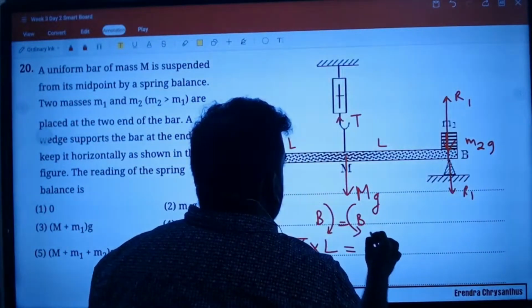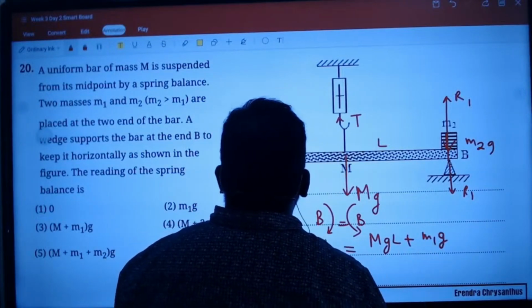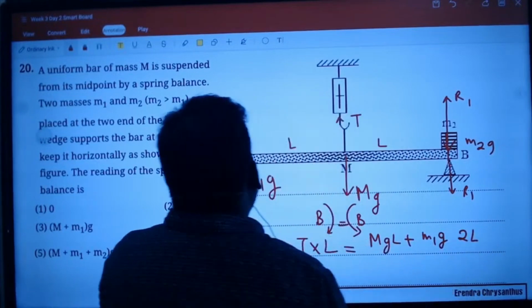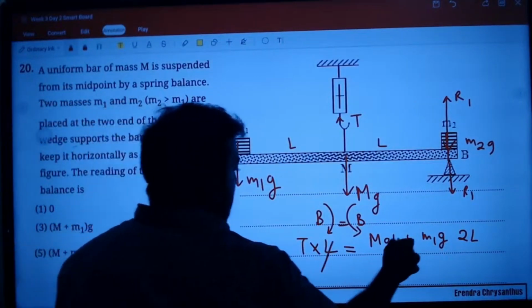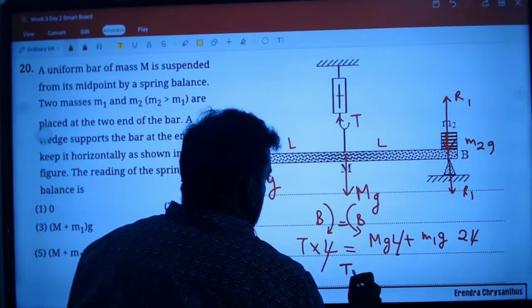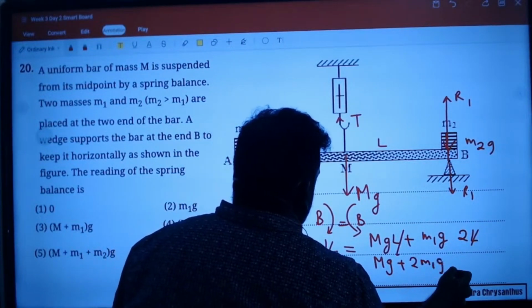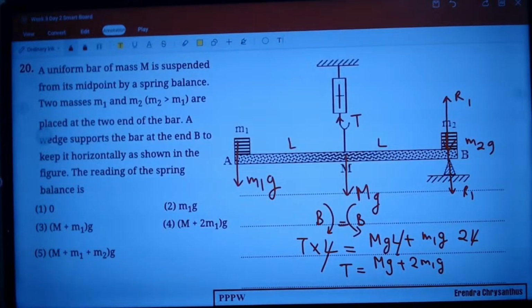Anti-clockwise: MgL plus M1G into from here to here. How much? 2L. They are asking tension, all the lengths will cancel off. Tension equals capital Mg plus 2M1G. Correct answer is answer number 4.